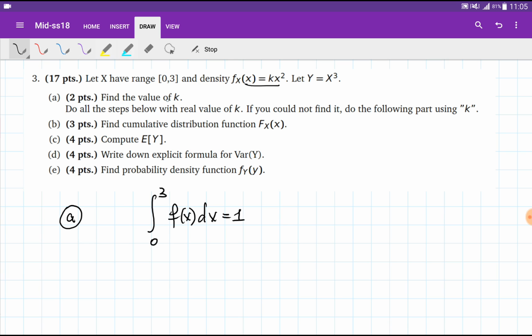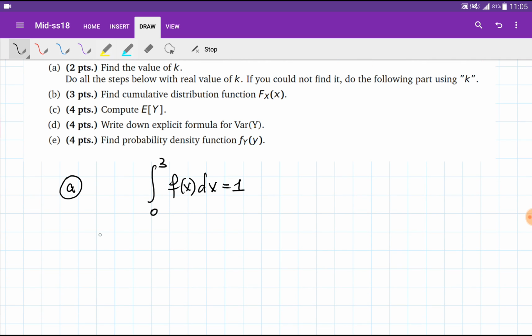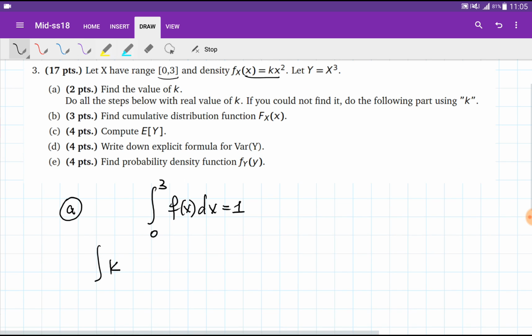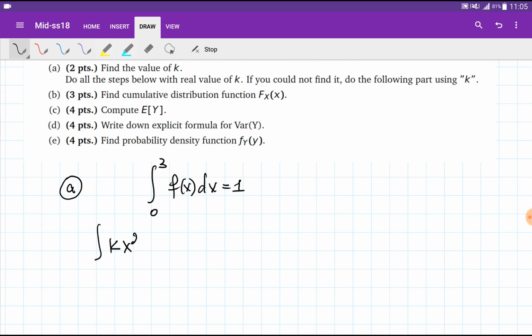The density function has values between 0 and 3, and the values of the density function in all the other regions are equal to 0. So let me integrate kx squared dx. This is kx cubed divided by 3, and we need to put in the values 0 and 3.